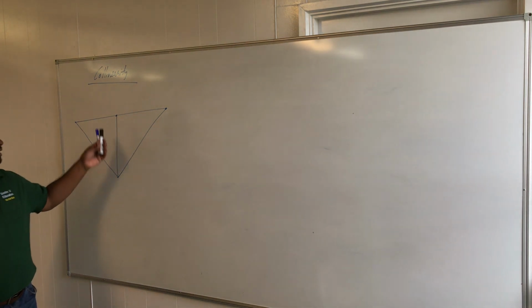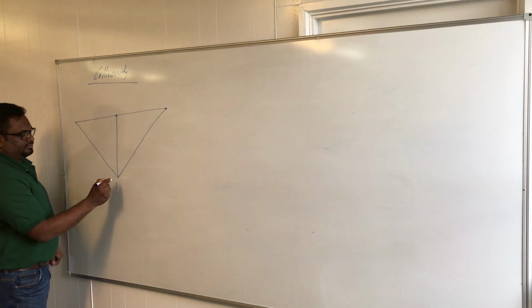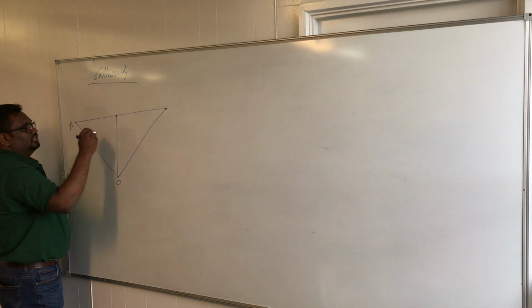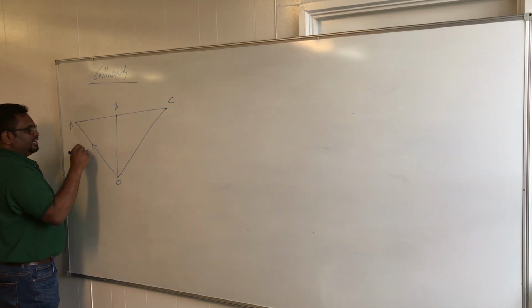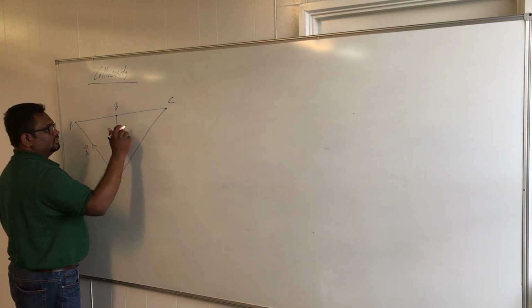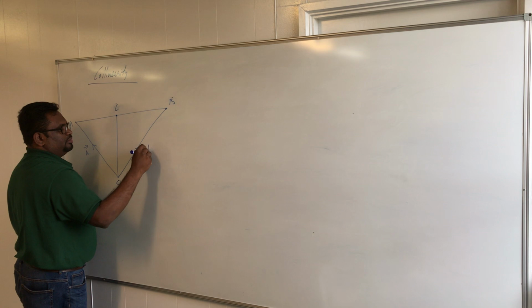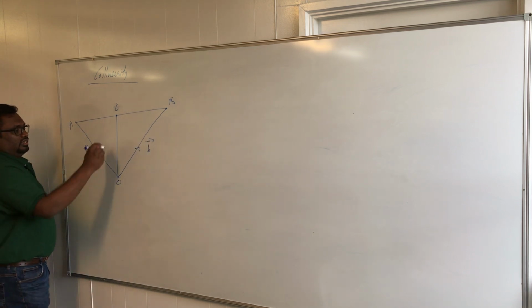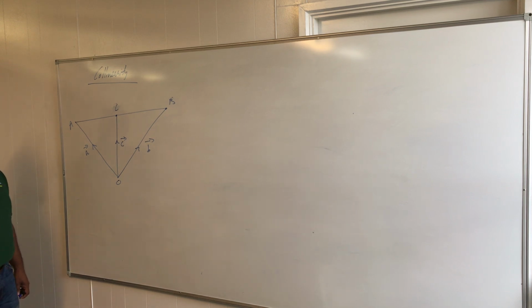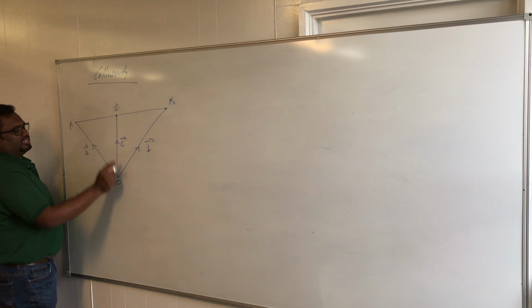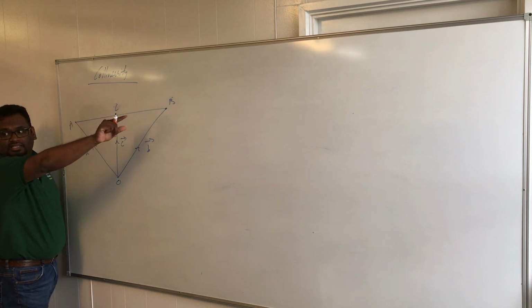Look at this diagram. Suppose this is your origin, O, and A, B, C. Suppose OA is A vector, OB is B vector, and OC is C vector. Those three tips should be on the same line.